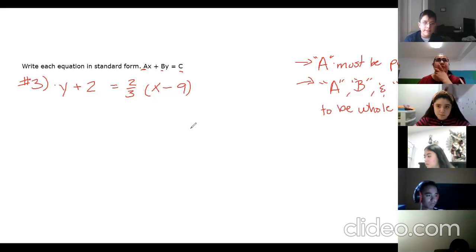Get rid of the fraction? No. Well, right now I have a fraction that is being multiplied times x minus 9. What do I need to do?